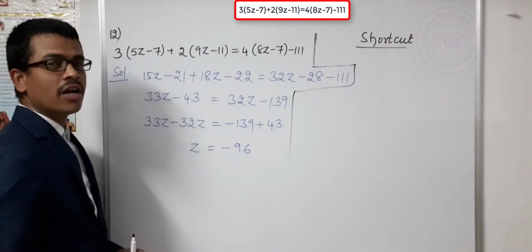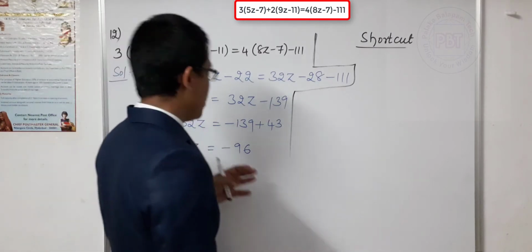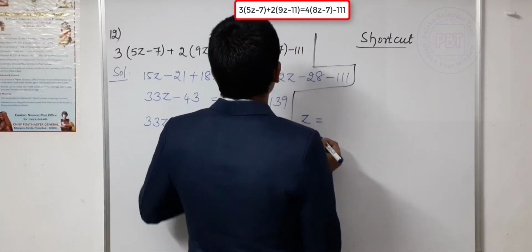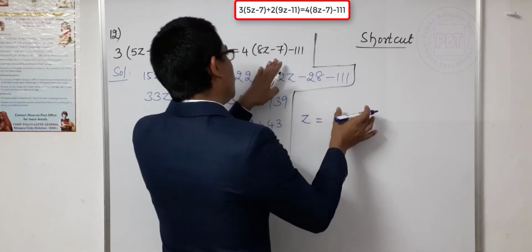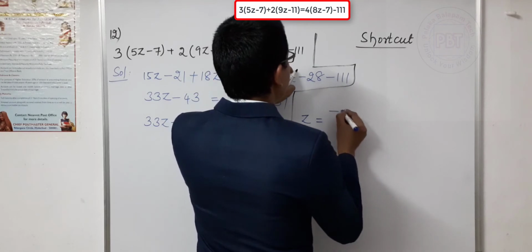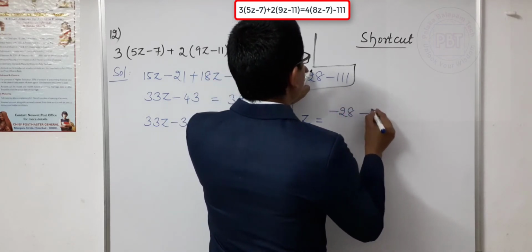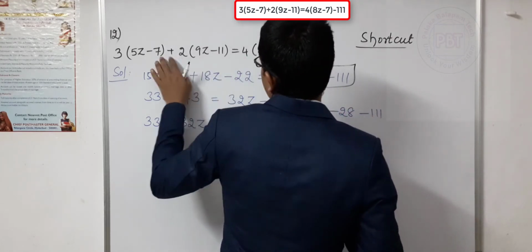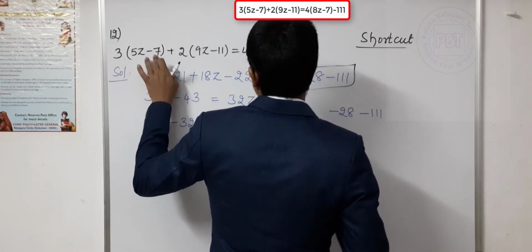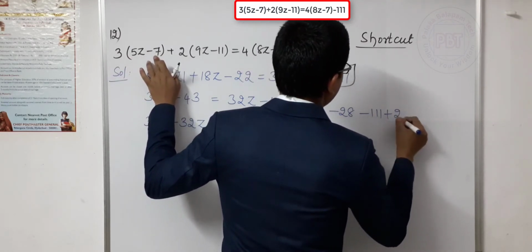Now let us see the shortcut method for this question. The variable involved is here z. z equal to, here I am going to write the constants in the numerator. 4 7s are 28, minus 28, it is minus 111 as it is. In the left hand side 3 7s are 21, minus 21 becomes plus 21.